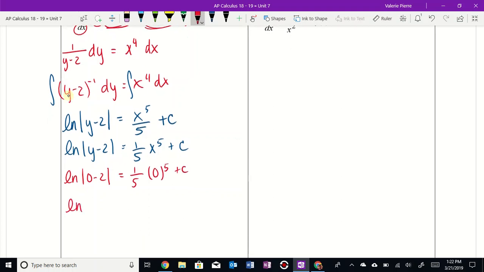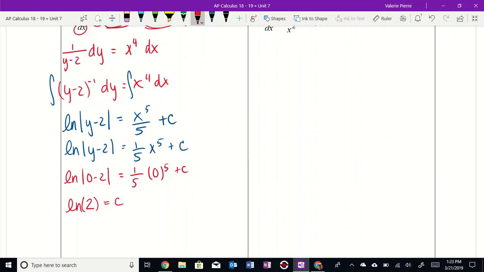So we get ln of 2 is equal to c. ln of 2 is a number, so it equaling c does make sense. We don't actually have to find what ln of 2 is. It's not necessary, so we're not going to.